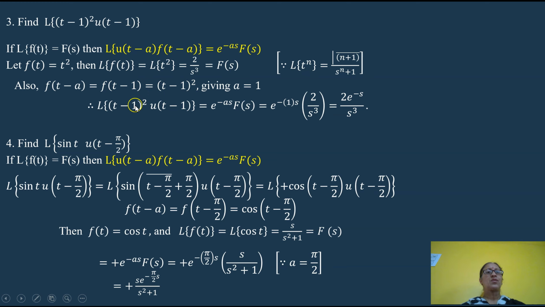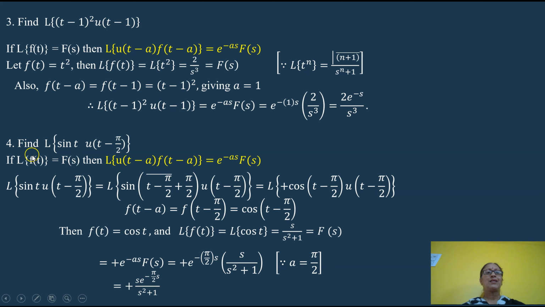So the Laplace transform of (t minus 1) whole square u(t minus 1) can be written as e power minus as F(s) according to the definition of the second shifting property. So replace a by 1, that means in the place of a put 1, and in the place of F(s) write 2 by s cube. So here you get e power minus 1 into s into 2 by s cube, that is 2 into e power minus s upon s cube. This is the Laplace transform of (t minus 1) whole square u(t minus 1).